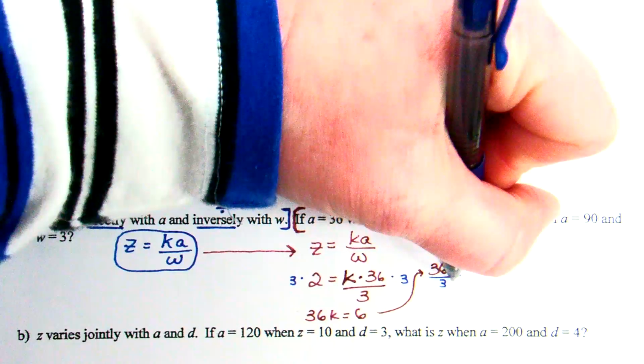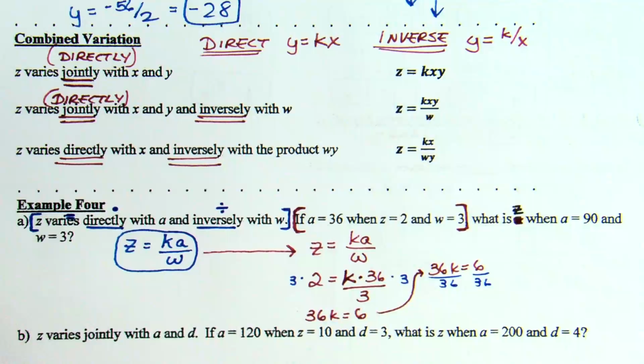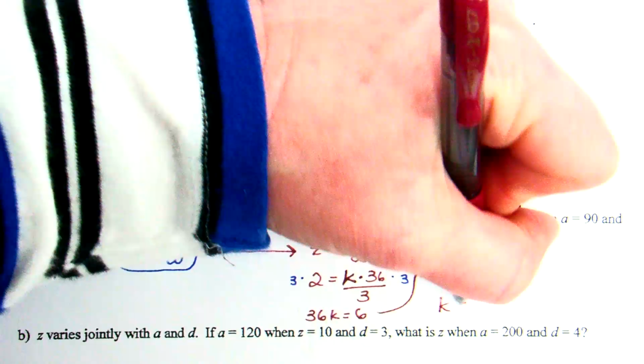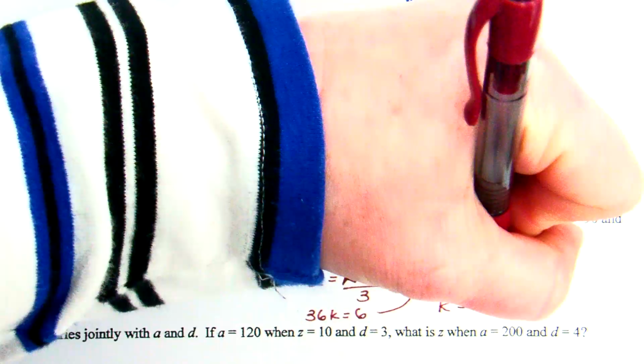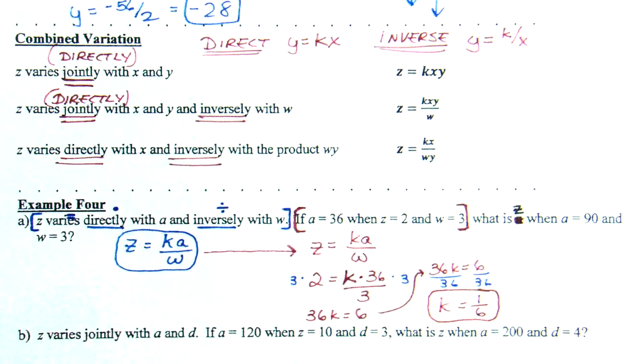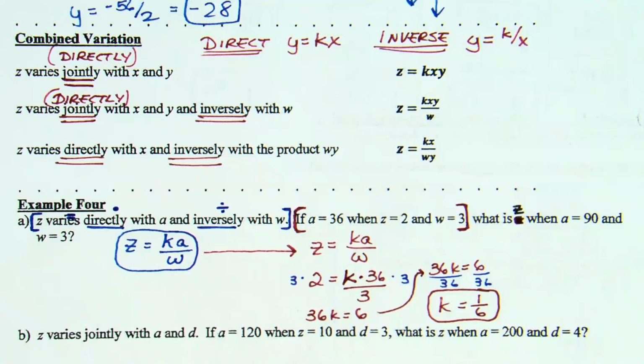I'm going to leave it in fraction form here. Don't tell me a decimal, please. 6 divided by 36 reduces to 1/6. So what I have right now is my K value. Are we okay with that? I took that provided information, I plugged it in, I found a K value.